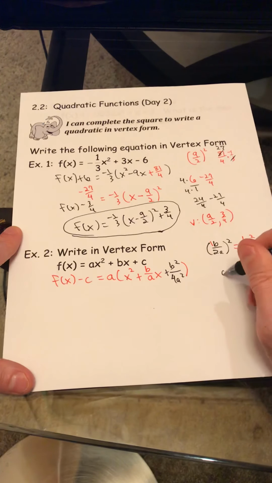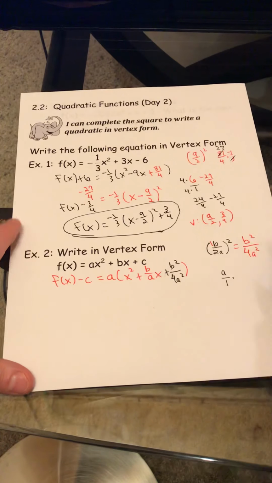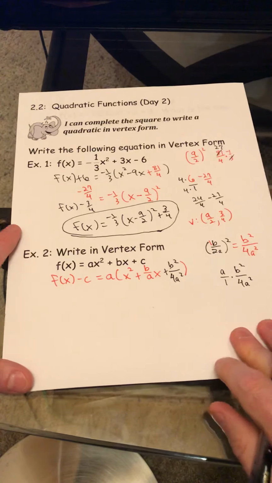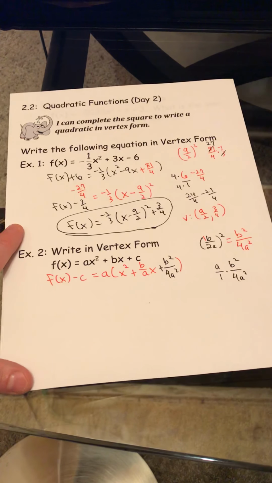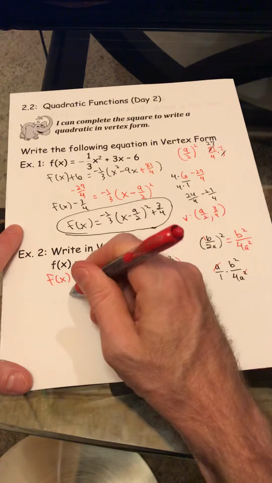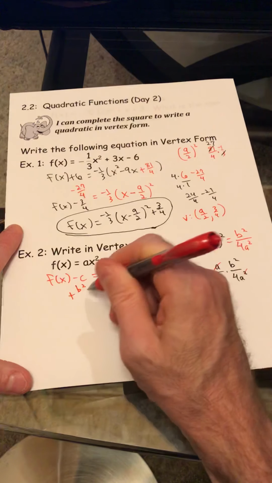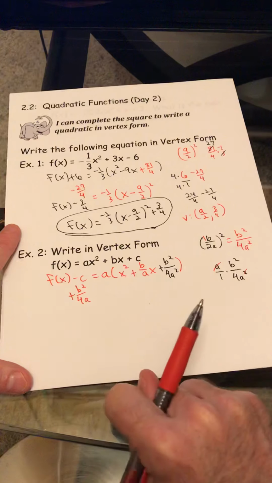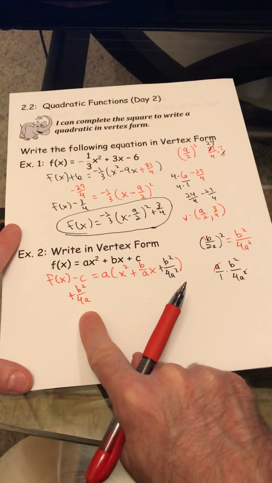Well, here, if I multiply a over 1 to balance this by b squared over 4a squared, what's going to end up happening? One of the a's cancels on the top, one of the a's on the bottom. So I am going to be adding b squared over 4a to that side to balance.